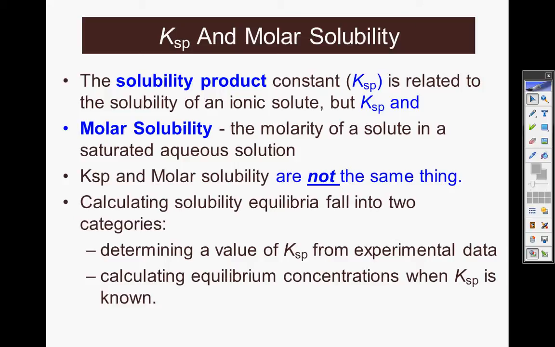Calculating solubility equilibria falls into two categories: determining the value of Ksp from experimental data, or calculating the equilibrium concentrations when Ksp is known. The liquids, we will be using some, but not ones you probably have to calculate on the AP. We will be doing a couple.